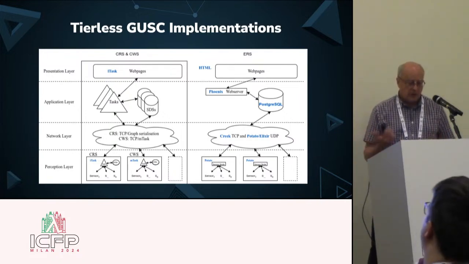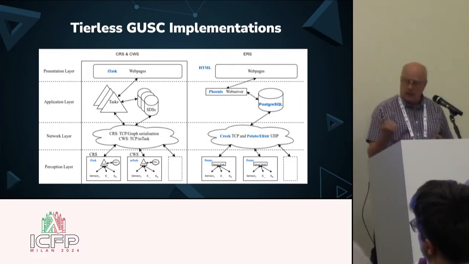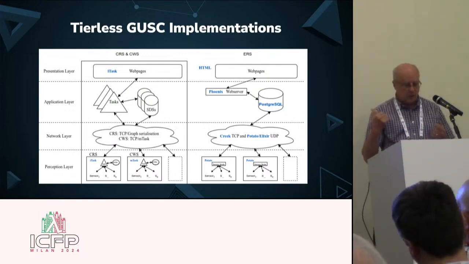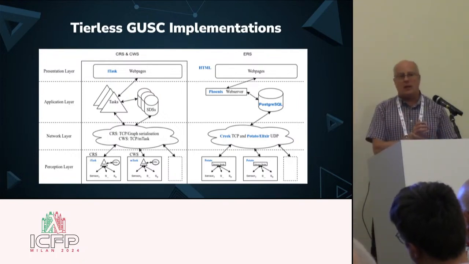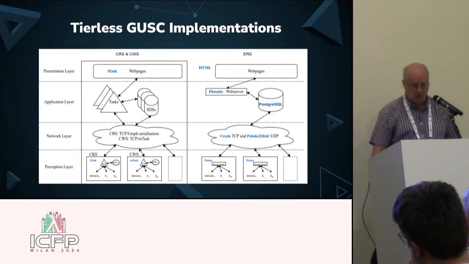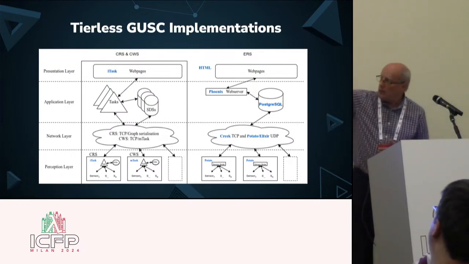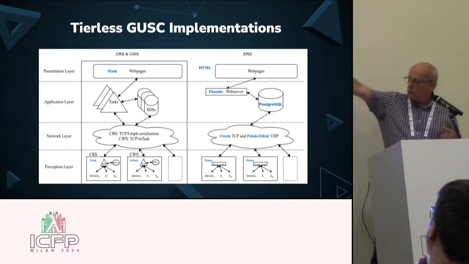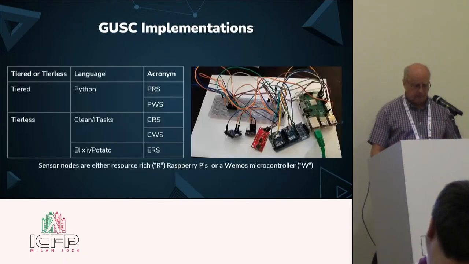In ERS, the Elixir implementation of GUSC, the database is a PostgreSQL database, and we use Phoenix LiveView just as Clara did for her application. And Phoenix requires you to write some HTML. So again, the blue text shows the different languages being used here.